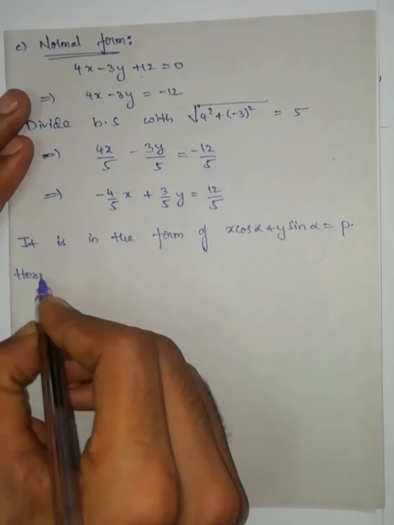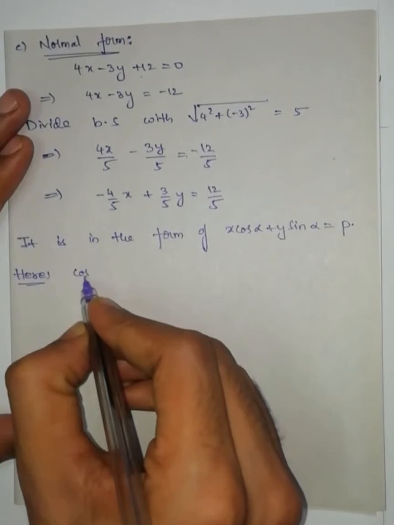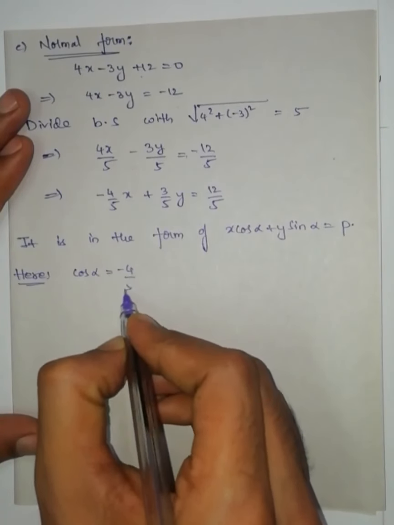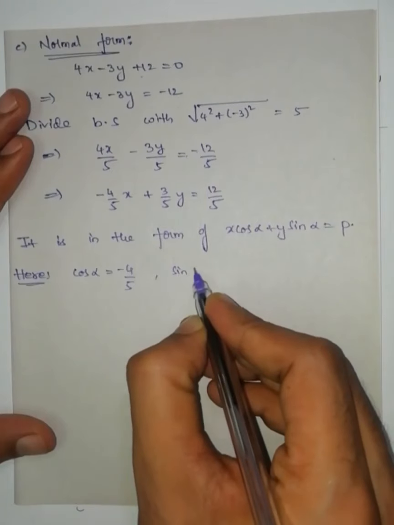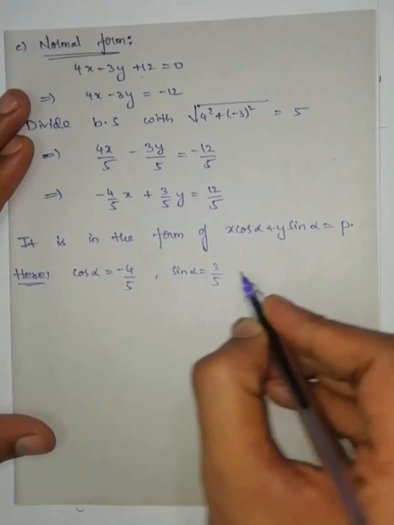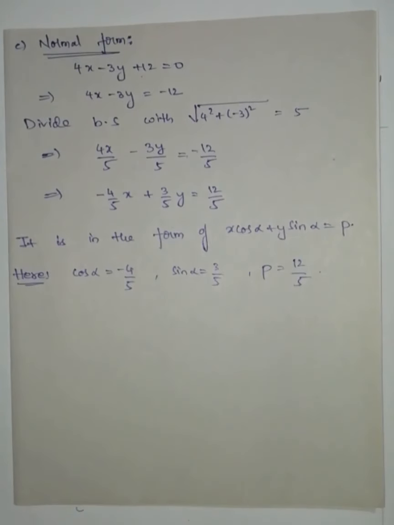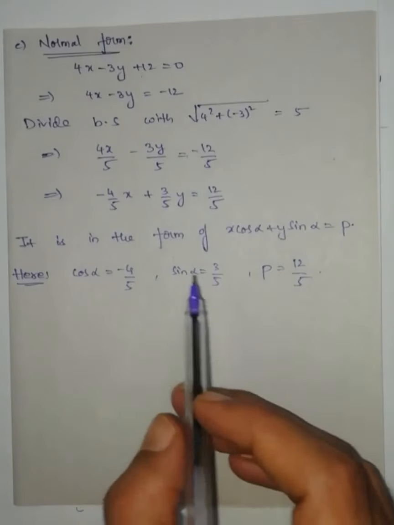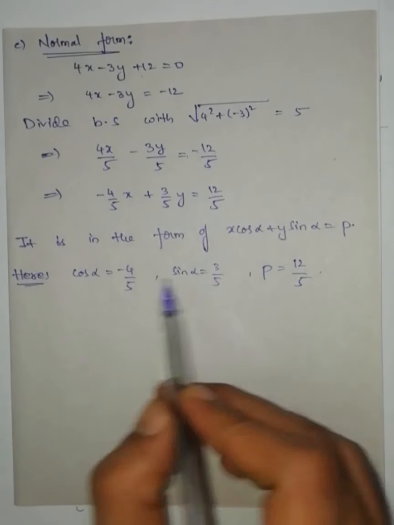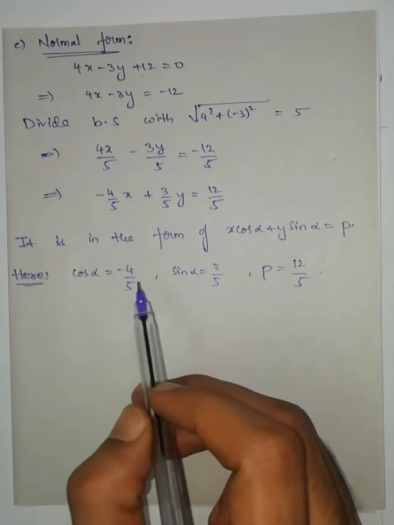Here cos alpha is minus 4 by 5, sin alpha is 3 by 5, and p value is 12 by 5.